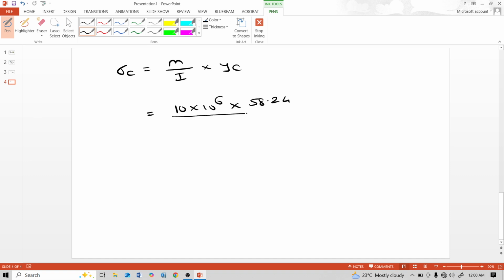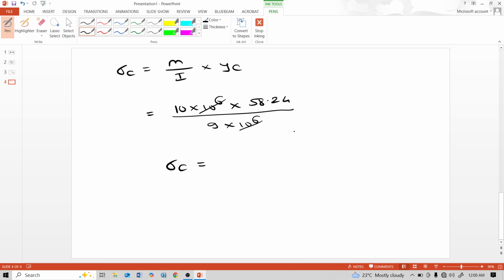Divided by I, moment of inertia, which is 9 into 10 raised to 6. 10 raised to 6 gets cancelled, and sigma c is equal to 10 into 58.24 divided by 9.